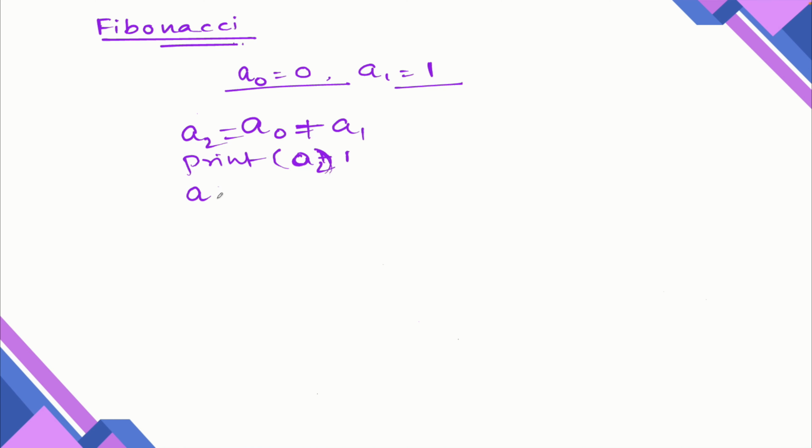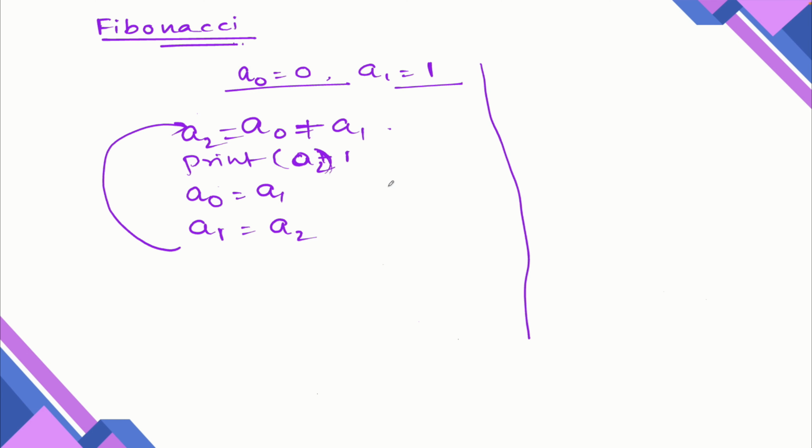You will move the value of a1 into a0, so a0 equals a1, and a1 equals a2, and the same loop will continue from here. So again a2 will become this sum, you will print this, and so on.